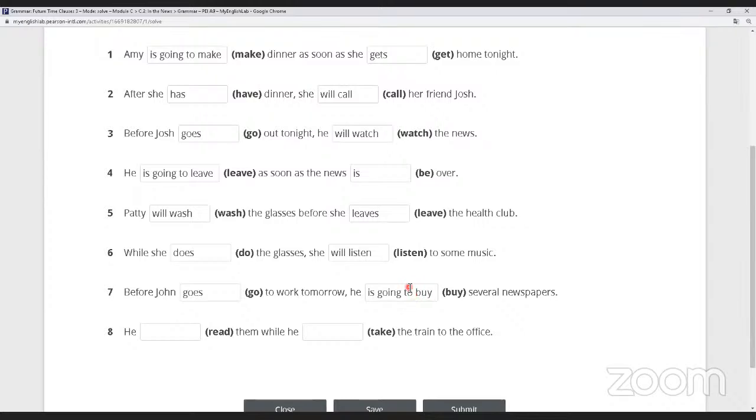I'm sorry. Yeah, 8. He will read them then while he takes the train to the office. And the number 4 will change. Is going to leave or will leave. Okay. As soon as the news is over.